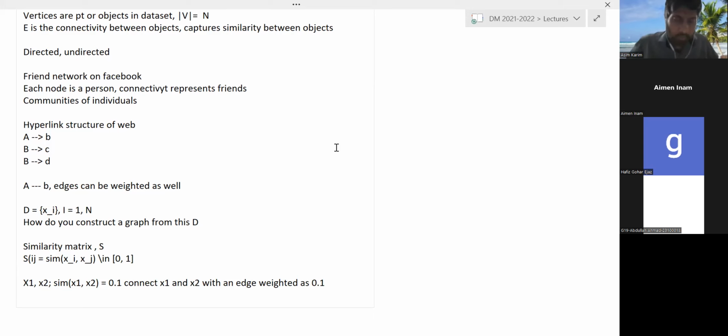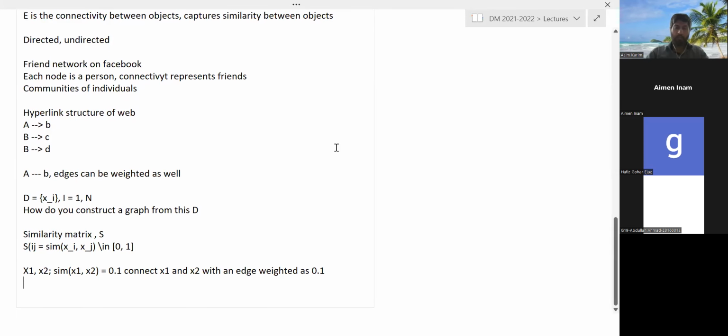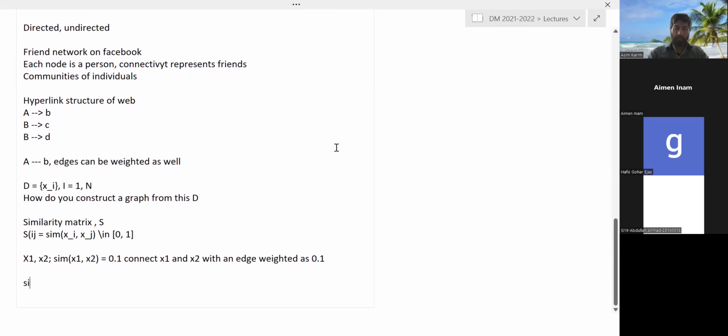But one issue with this graph, especially for graph processing and graph-based clustering algorithms, is that this graph would be highly connected. You would find almost no objects in your data set with similarity equal to 0.